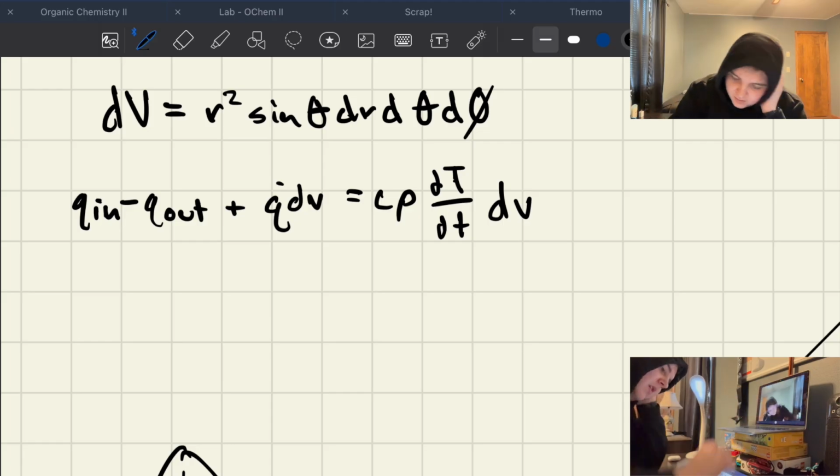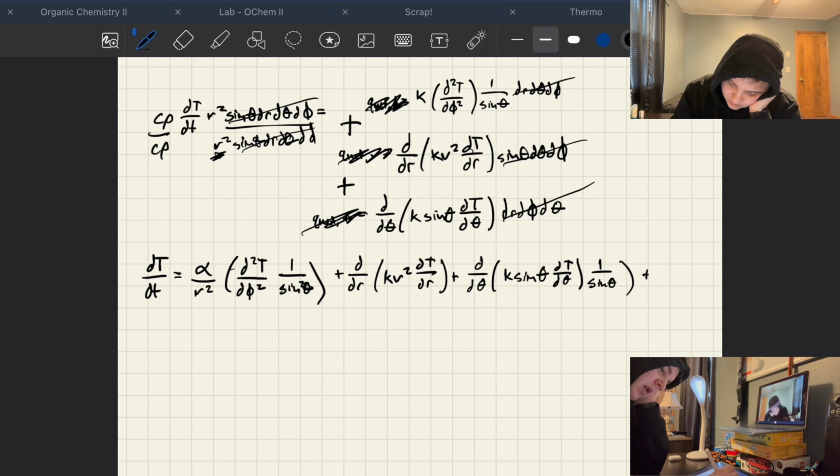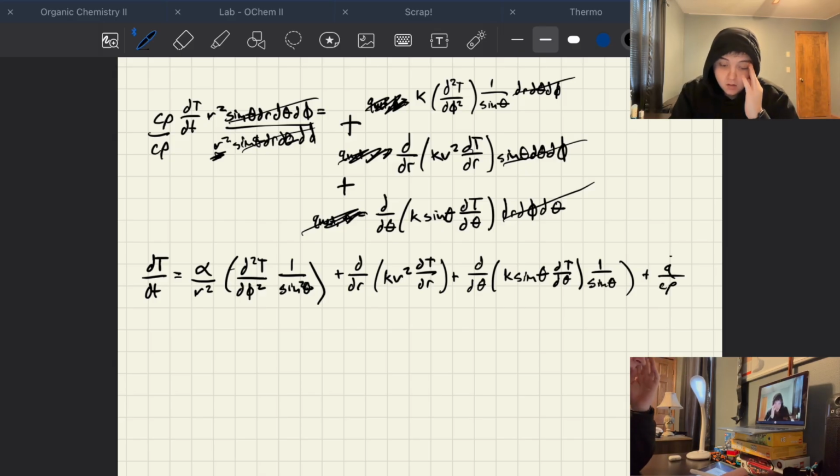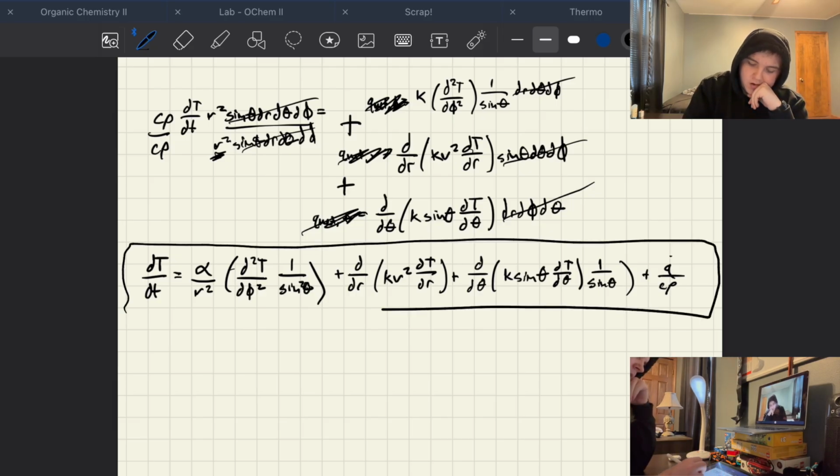And then what we divided over gets carried over too, so our dV will cancel, and we'll just be left with q over cp. I don't think the r would be there because it's not needed. So yeah, this would be our final answer for question 1.